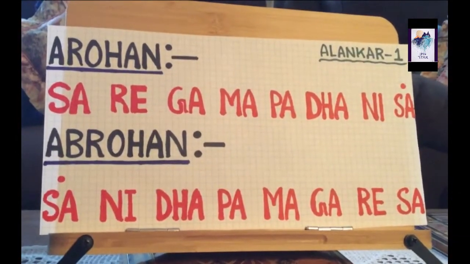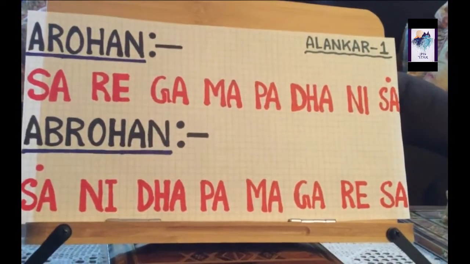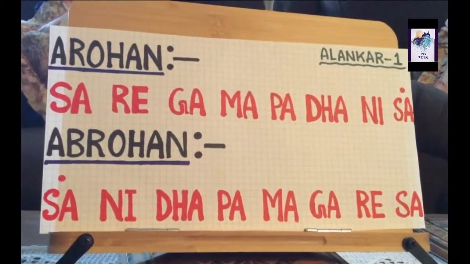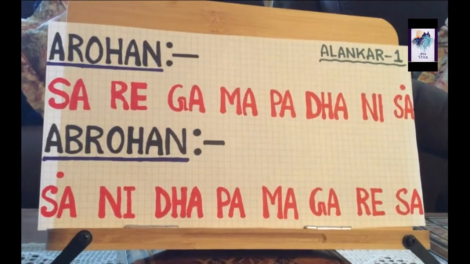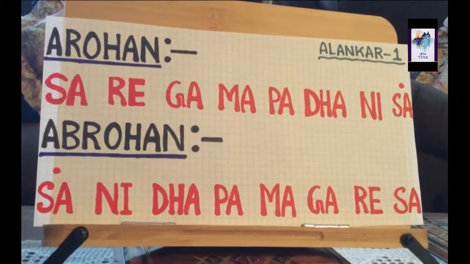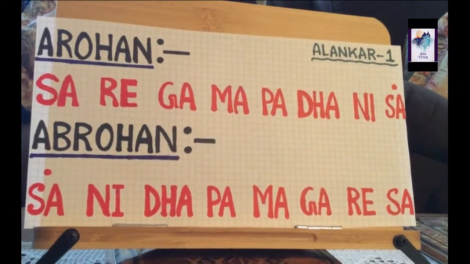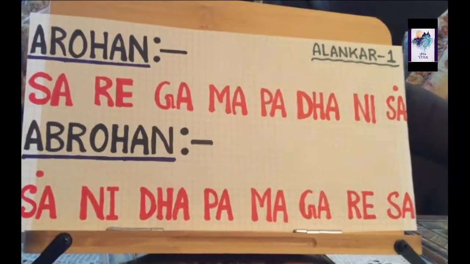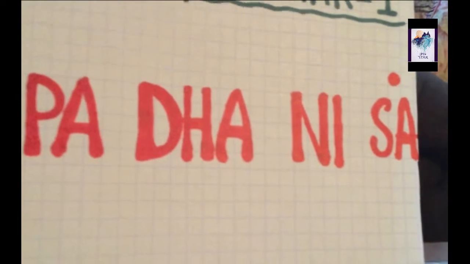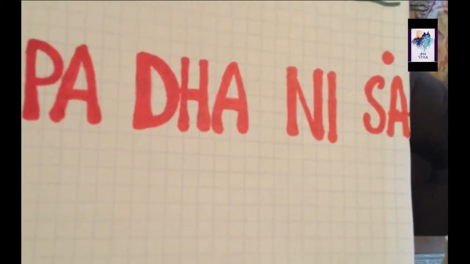Arohan: sa, re, ga, ma, pa, dha, ni, sa. Avarohan: sa, ni, dha, pa, ma, ga, re, sa. Have you seen? Now see how to write. Just sa, gap, re, gap, ga, gap, ma, gap, pa, gap, dha, gap, ni, gap, sa, and a dot above that sa, which is the Taar Saptak sa or higher octave sa.